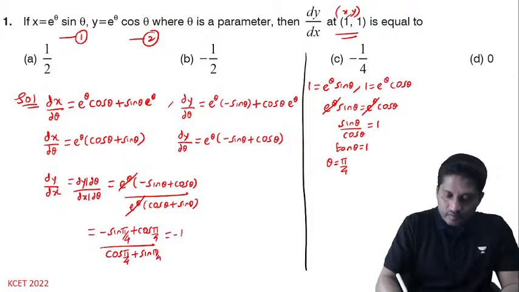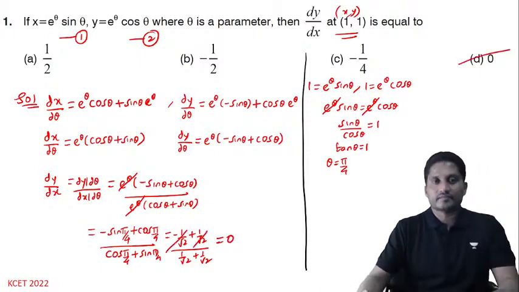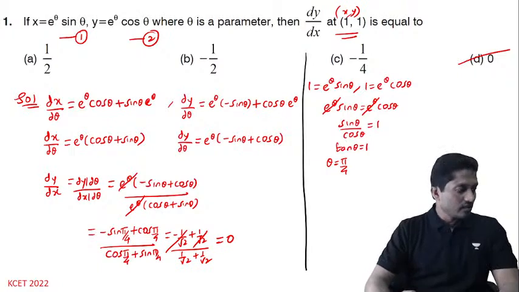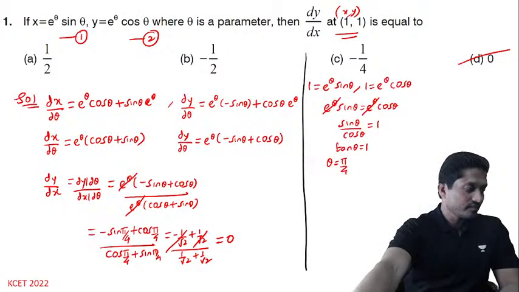Sin 45 is 1 by root 2, right? And cos 45 is 1 by root 2, right? Divided by, this is 1 by root 2 plus 1 by root 2. Anyways, the numerator will cancel. You will get 0. Answer is option D. Is it clear, guys? Alright, let's move to the next question.